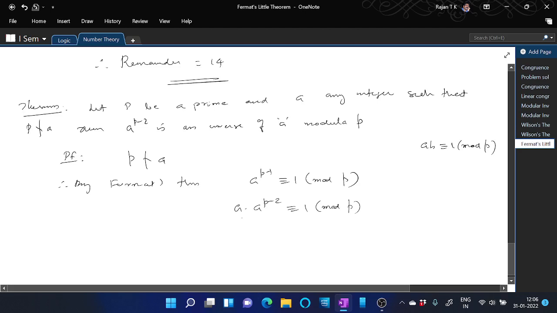Hence by the definition of inverse, a raised to p minus 2 is the inverse of a modulo p. Hence the result.